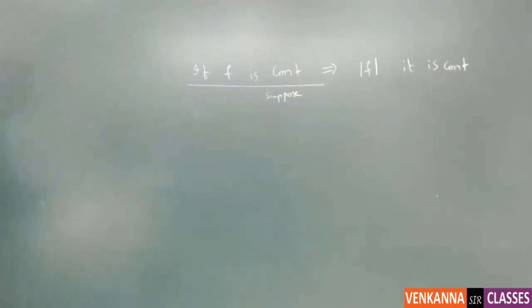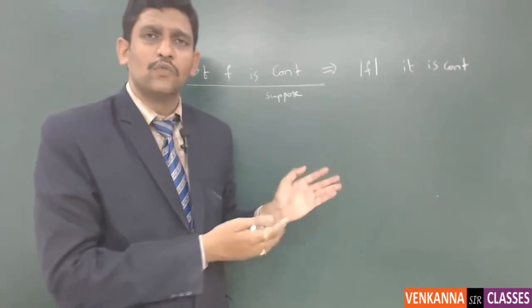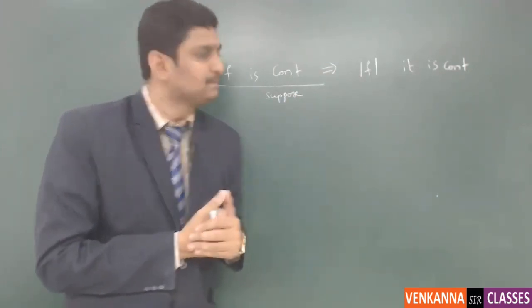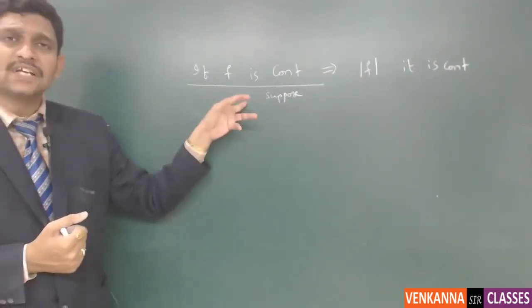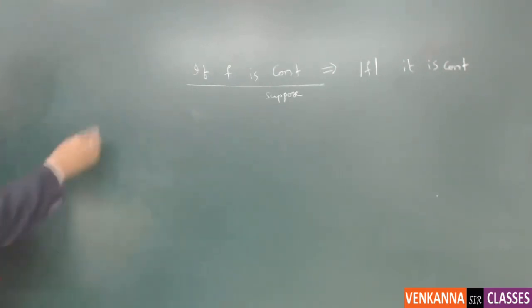Suppose the function f, whatever you have taken, is a continuous function. Now we are going to prove mod f is continuous. We use the definition as it is. Since f is continuous, let us first write the definition.